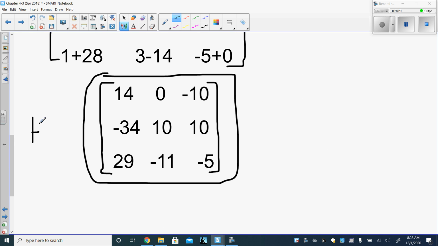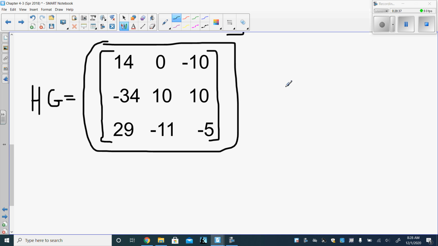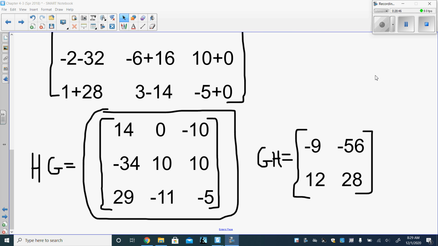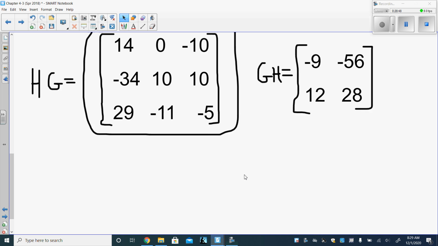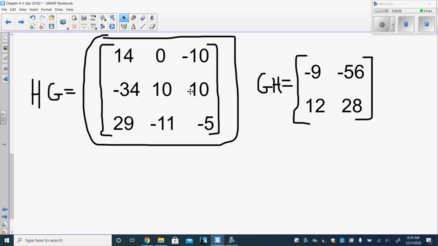So H times G gave us this here. Now, I want to recall something, because G times H, I think, is a little bit different. So I copied G times H from the other page, what we just did previously. Are these the same?